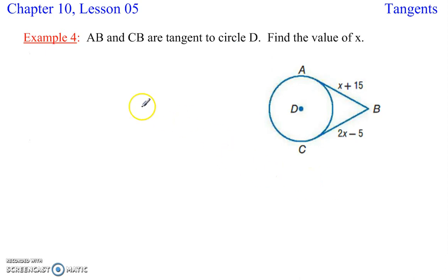Alright, so if I want to use this, here we know that these lines are tangent to the circle D. So find the value of X. So we know that this is congruent to this, which means X plus 15 is equal to 2X minus 5. So solve that, and we get X equals 20. That's all there is to this.